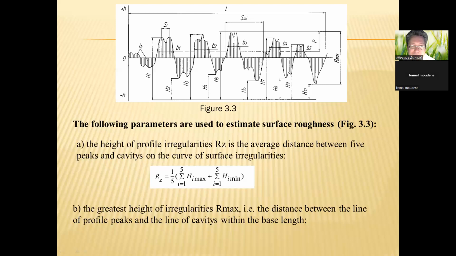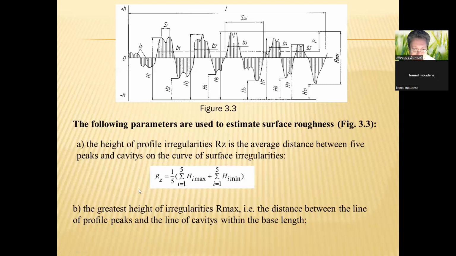For example, first, second, third, fourth, and fifth. And cavities, first, second, third, fourth, and fifth. Then you use the formula on this slide, and you can calculate RZ, the height of profile irregularities. It's the first parameter used to estimate surface roughness.